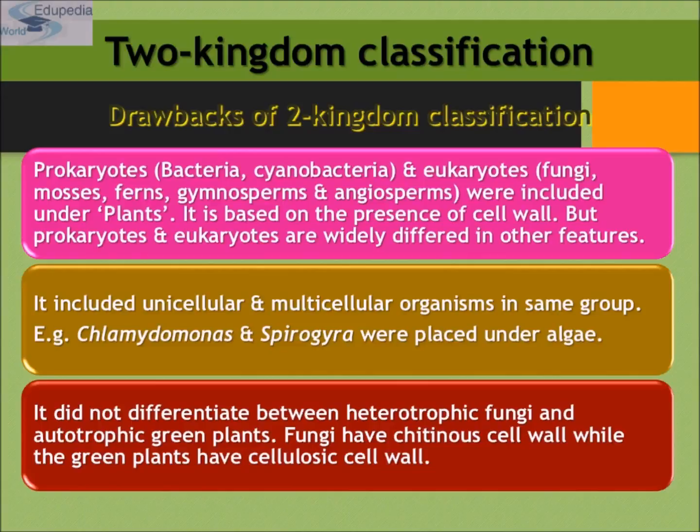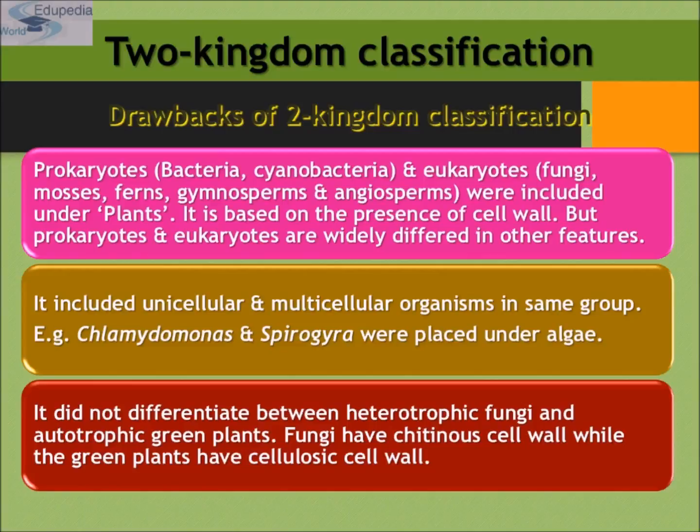And some organisms possess characters of both plants and animals, like Euglena and Chlamydomonas, so they can belong to any kingdom. And the last disadvantage of the two-kingdom classification is that the modes of nutrition considered in this system are assimilation and ingestion. Absorption type of nutrition is not recognized. This was the drawbacks of the two-kingdom classification.